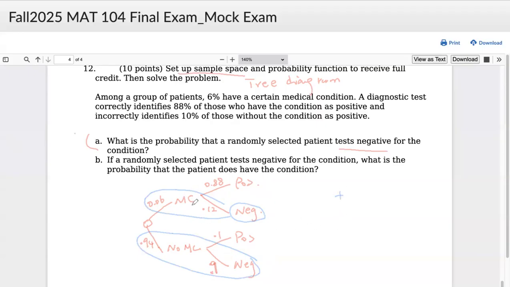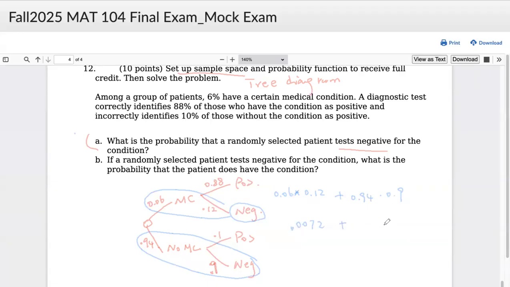The first one, among these medical condition people testing negative, has a probability 0.06 times 0.12. Among these no condition, 0.94 times 0.9. Okay, so just use a calculator to calculate these numbers. 6 times 12, 72. I have 1, 2, 3, 4. So that's 0.0072.